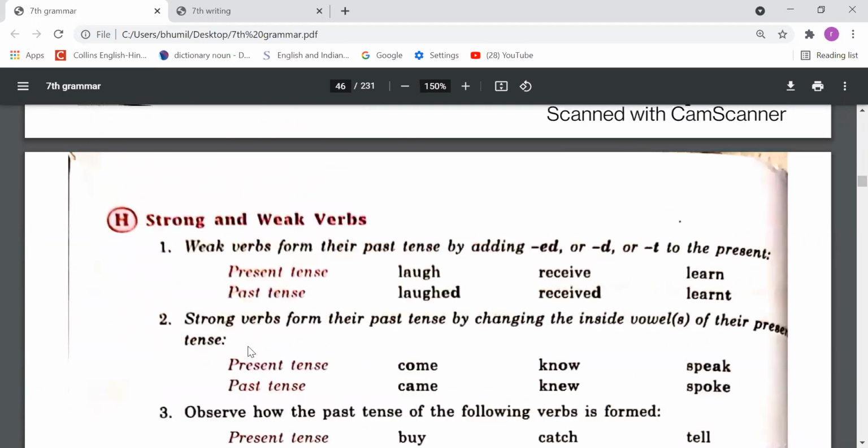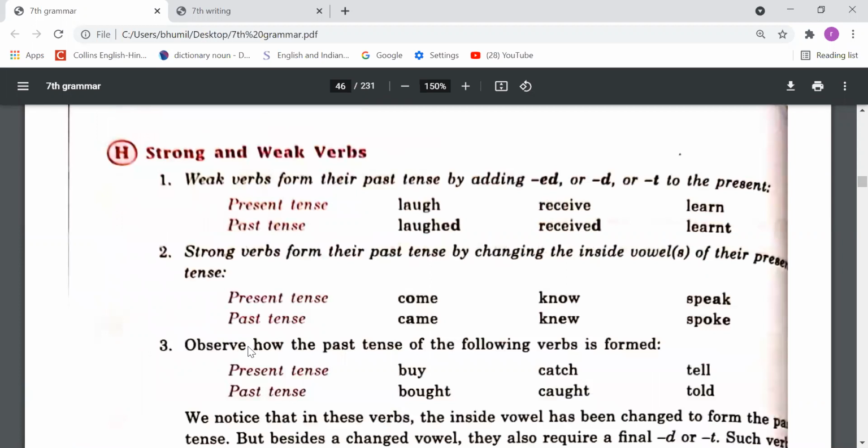Come to the next part, next page. Strong and weak verbs. So dear students, here we have to understand what the strong verbs and weak verbs are. Weak verbs form their past tense by adding ed, d, or t to the present.